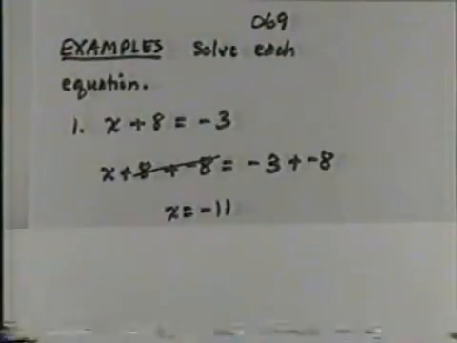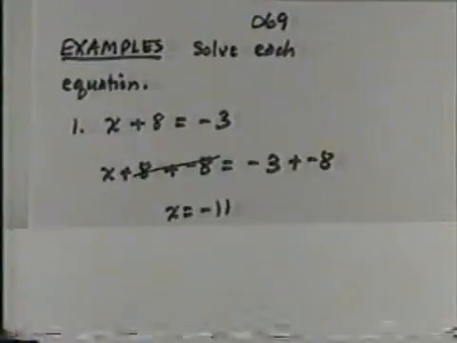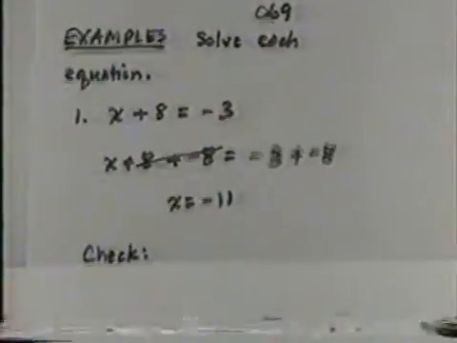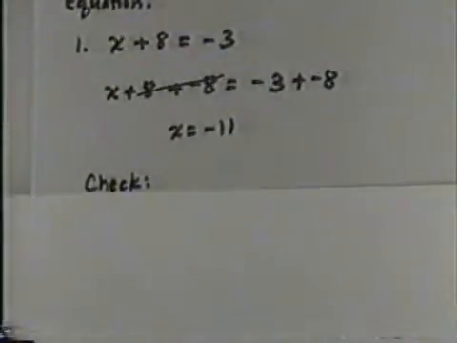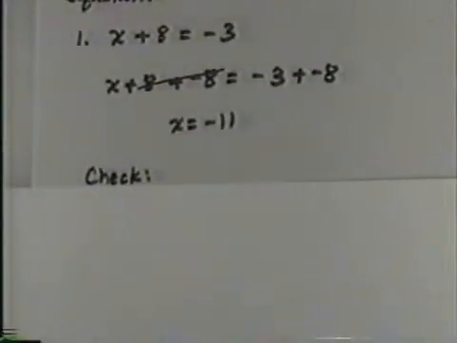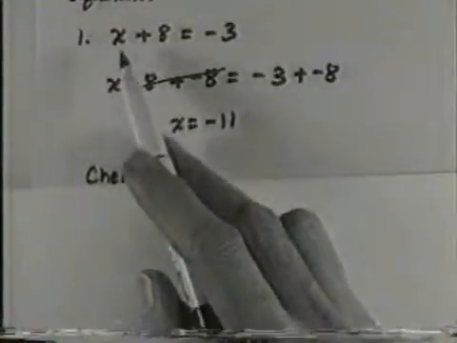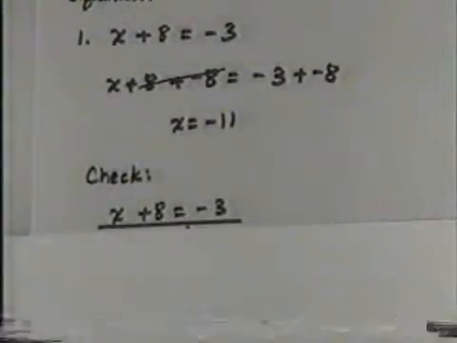Now, how can we be sure that that's the right answer? To check an equation, let's go through the process of asking the question, is -11 a solution of equation x plus 8 equals -3? Remember what to do? We copy the equation, draw the line under it.